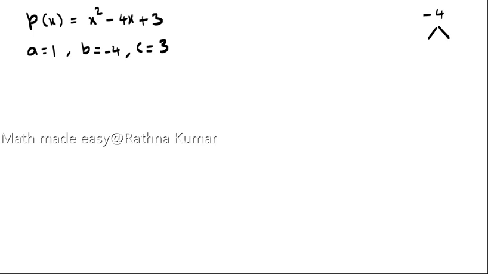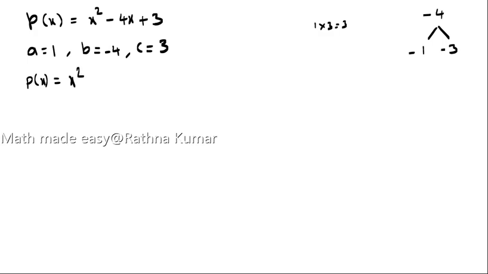The product of these two should be equal to 1 into 3, that is 3. So clearly we can take 1 3s are 3. Since it is minus 4, you have to take minus for both. So minus 1 plus minus 3 is minus 4, and minus 1 into minus 3 is 3. So we can write p of x as x square.